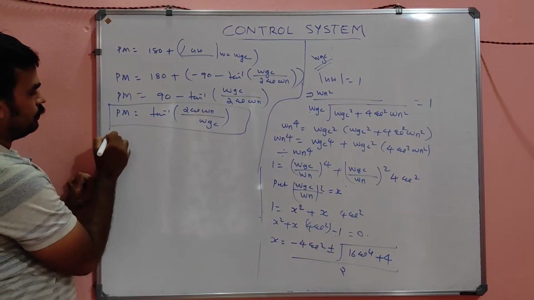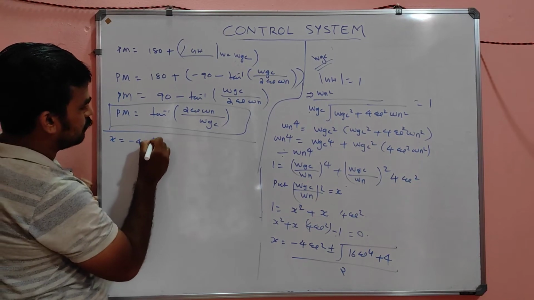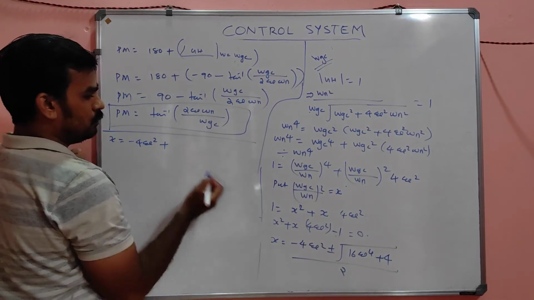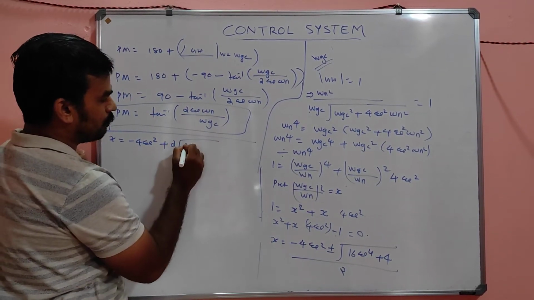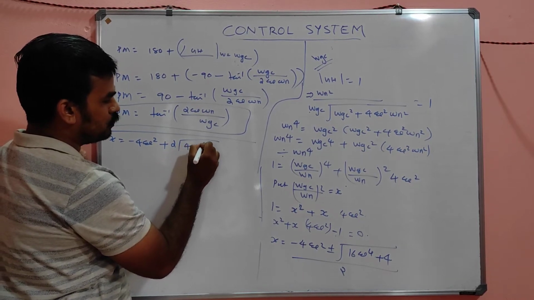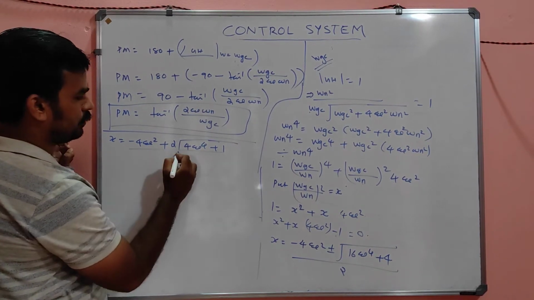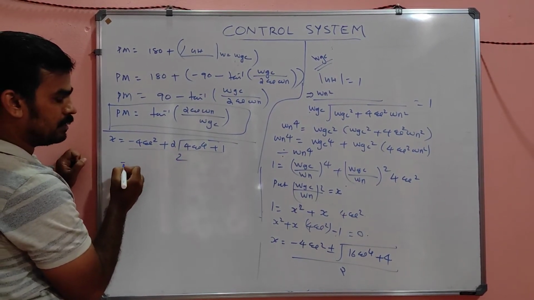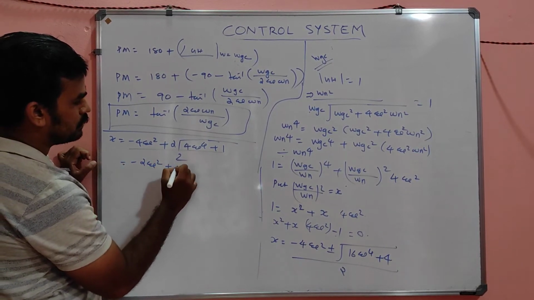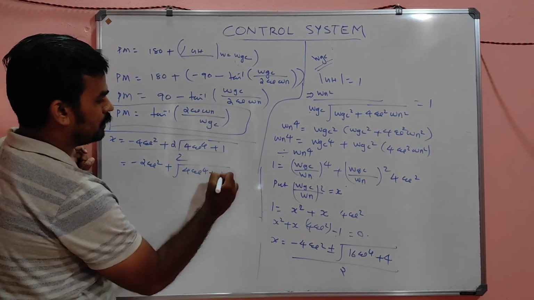x is equal to minus 4 theta square plus, only you can take plus, 4 you can take outside, so it becomes 2 only, 2 root of 4 theta raised to 4 plus 1, whole divided by 2, everything will be cancelled out, so it will become minus 2 theta square plus root of 4 theta raised to 4 plus 1.